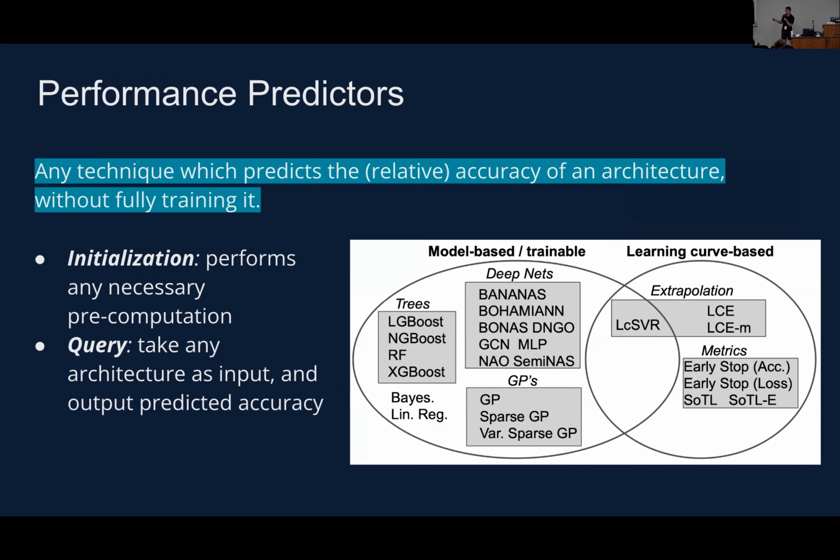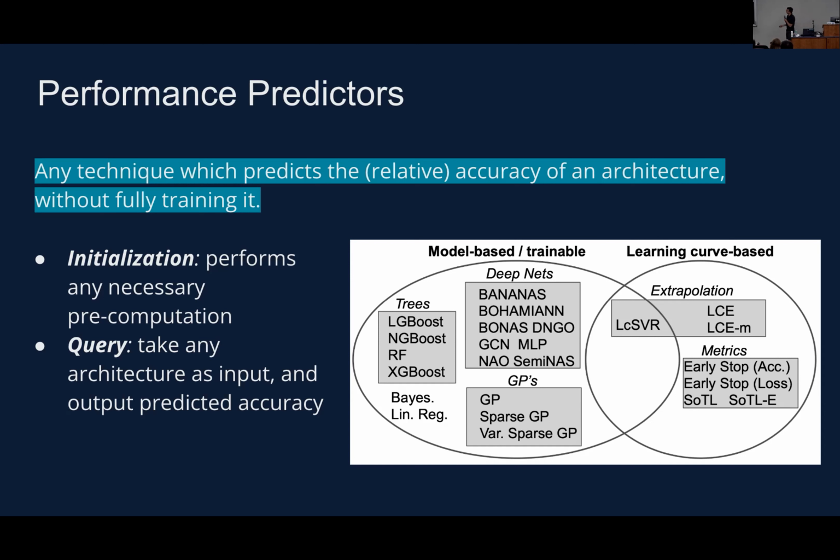The way I'm presenting this, it's a subroutine that we might want to use in NAS. And really this can be used to speed up any NAS algorithm, either black box optimization or even weight sharing methods. They're being used quite a lot in many different NAS algorithms to improve performance.